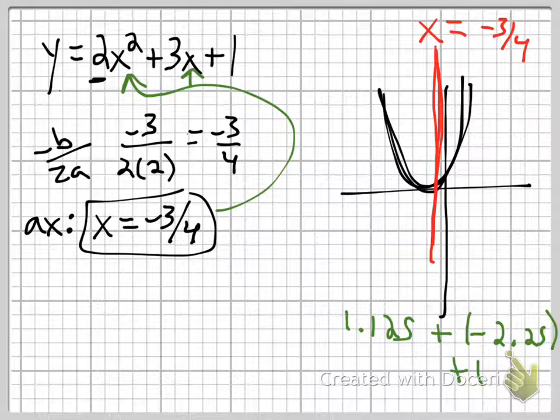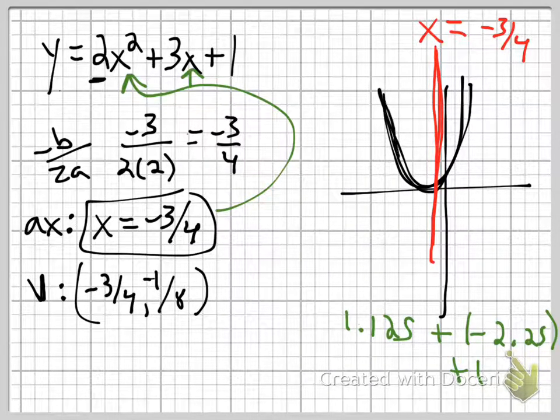If we add all those together, I get negative 0.125. If you're curious, as a fraction, that's negative 1/8. So my vertex is negative 3/4, comma, negative 1/8. If I readjust my graph here, the vertex is going to be a little lower, like that.